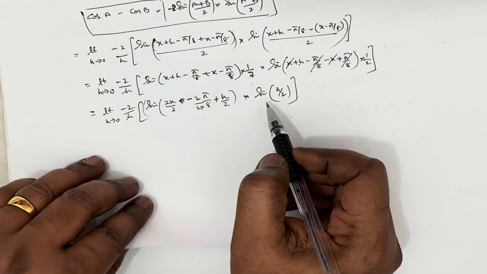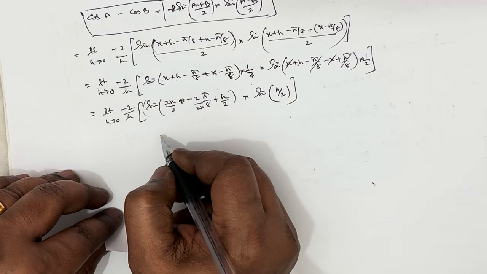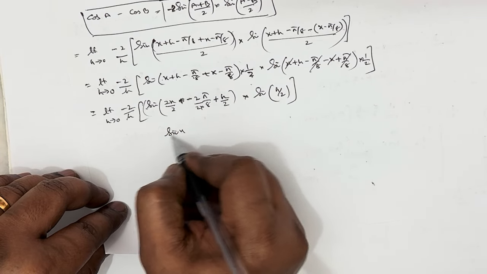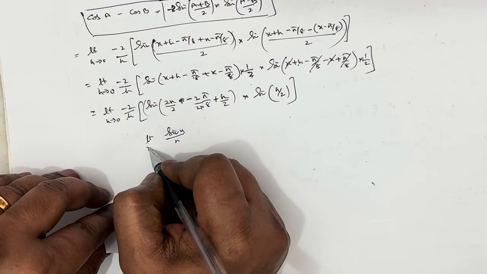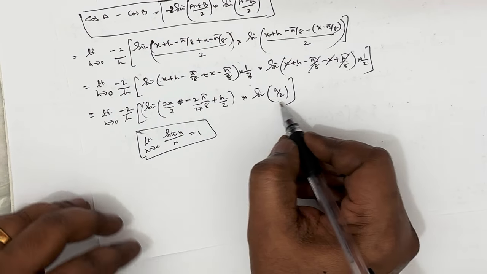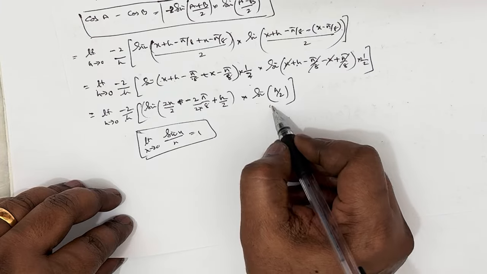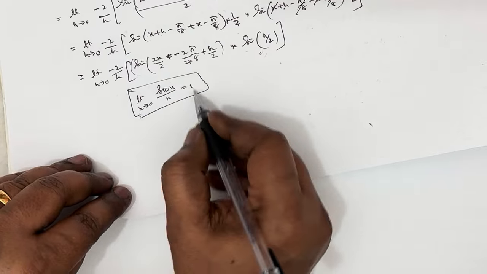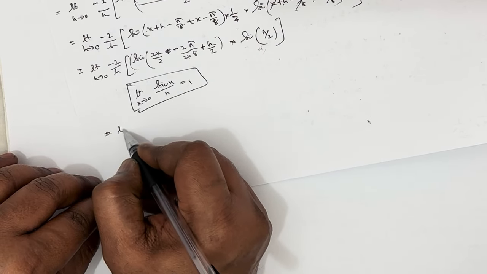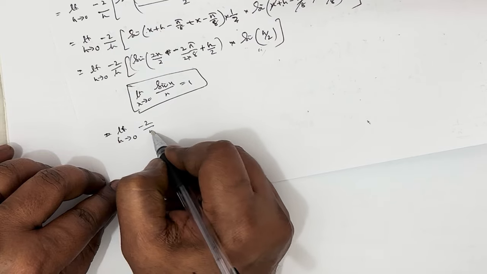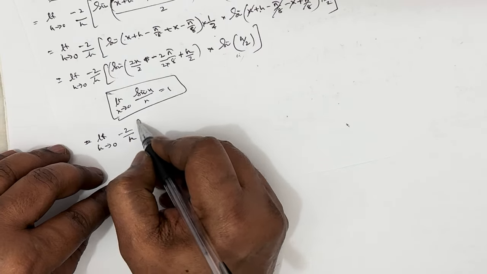Now see, this is again in the form of the theorem limit x tends to 0 of sin x upon x, which is equal to 1. So let's have an h by 2 here and divide by h by 2 so that we get this form. So limit h tends to 0 minus 2 upon h sine.